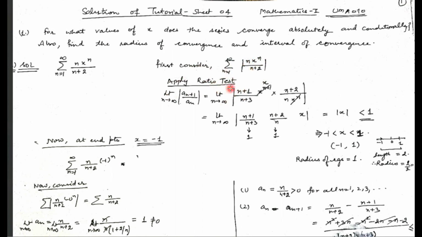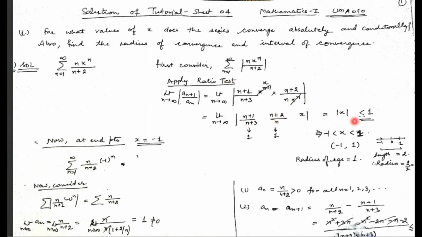In the ratio test, whenever the limit of the n plus 1th term over the nth term is strictly less than 1, the series is convergent. Greater than 1, it is divergent, and for equal to 1, the test fails. So we are interested in the case when this limit is strictly less than 1 or equal to 1.